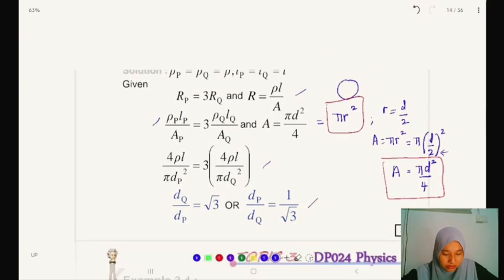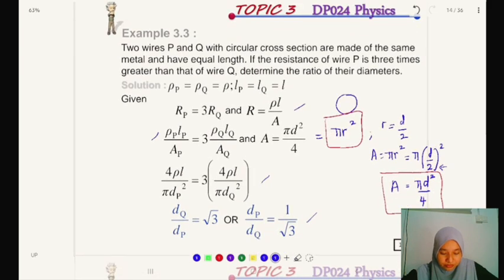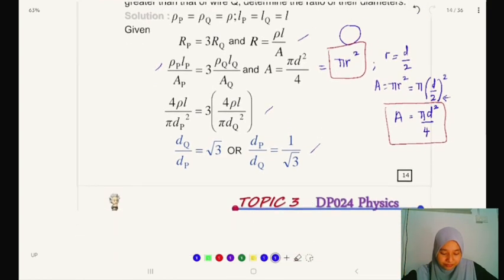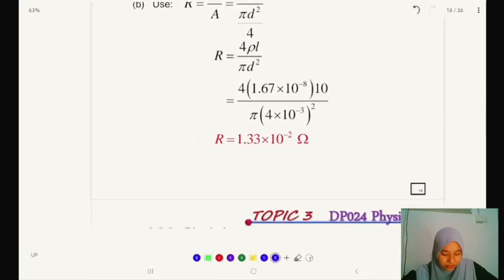Sebab dia tak kata dia tak nak dalam bentuk determine ratio. Tapi kebiasaannya bila kata ratio nisbah, dia mestilah 1 nisbah berapa, 2 nisbah berapa. So kalau boleh jadikan dalam bentuk pecahan macam ni lah. Example 3.4 boleh tengok nanti.